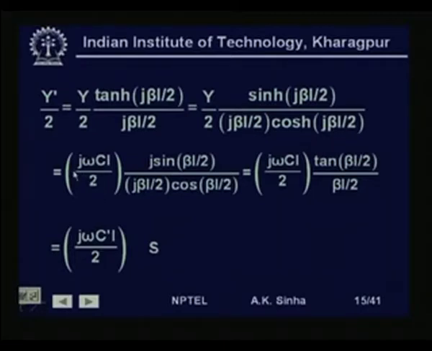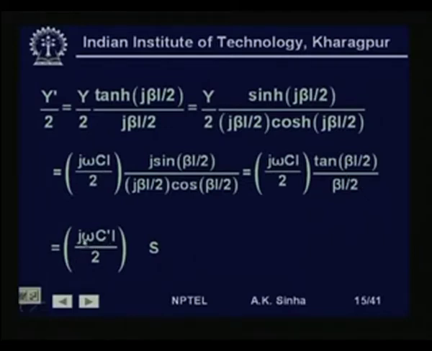This is equal to j omega C into L, this is for Y, the total line capacitance, divided by 2. So, Y by 2 into j sin beta L by 2, because sinh j beta L by 2 we had seen is equal to j sin beta L by 2 divided by j beta L by 2, this term, into cosh j beta L by 2 we had seen is equal to cos beta L by 2. So, this term comes out to be j omega C into L by 2 into tan beta L by 2 divided by beta L by 2.